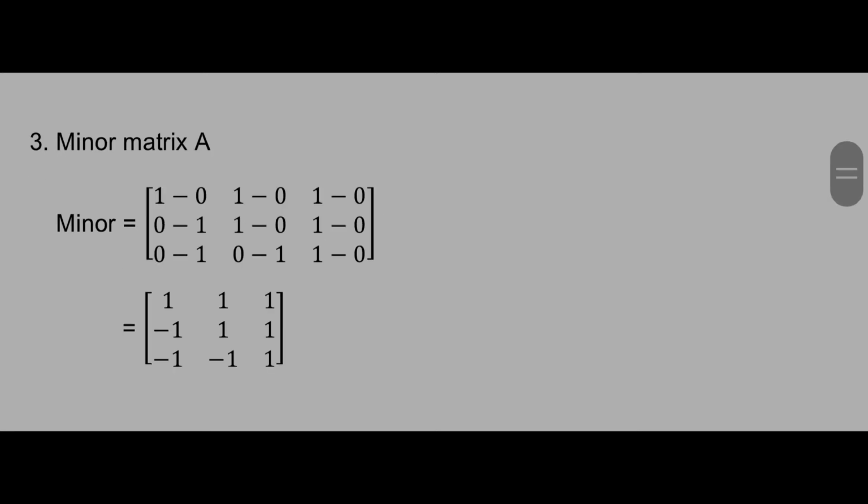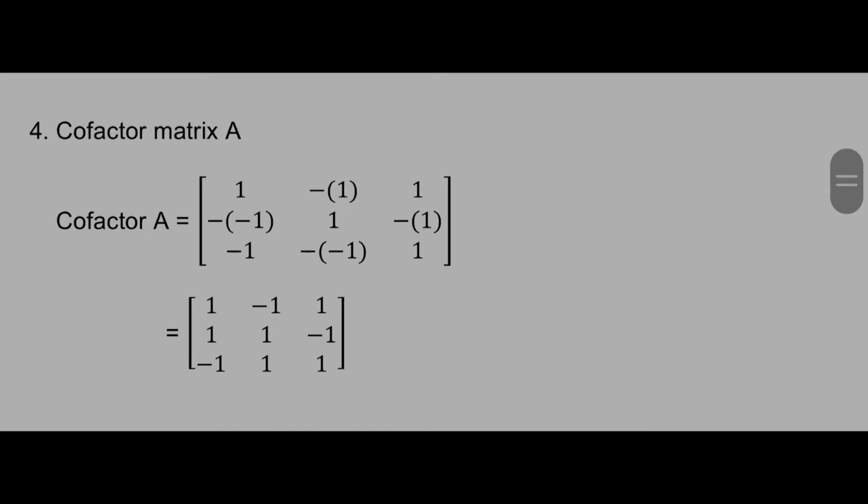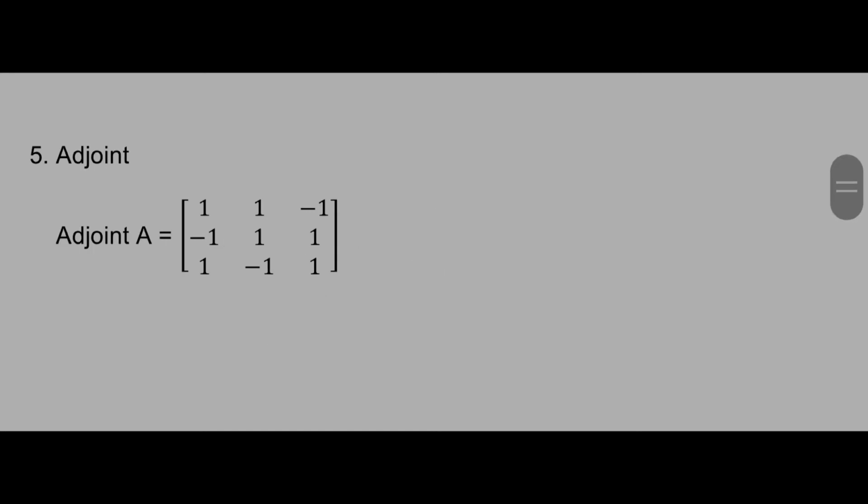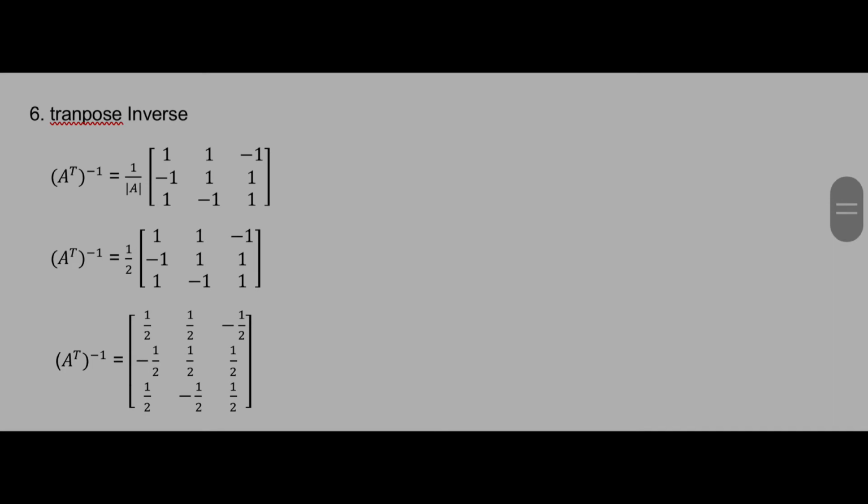Step 3, we find the minor of matrix A. Step 4, we find the cofactor of matrix A. Step 5, we find the adjoint of matrix A. Step 6, we take the inverse of the adjoint matrix. And finally, the transpose inverse matrix is created.